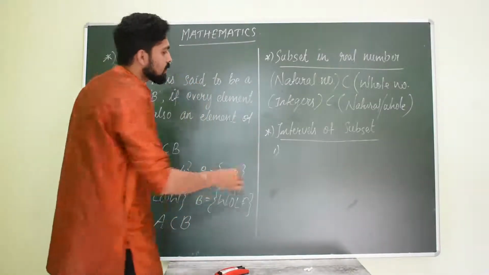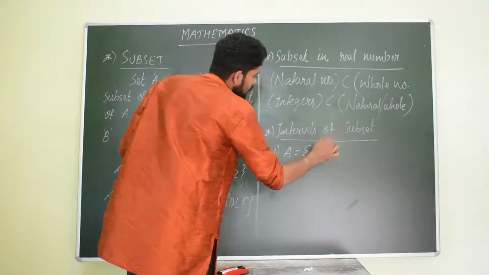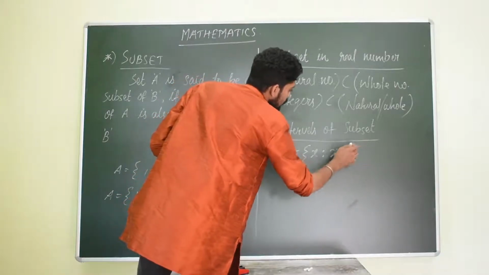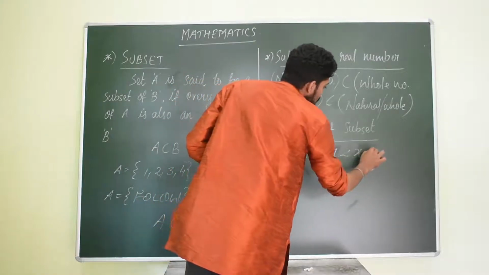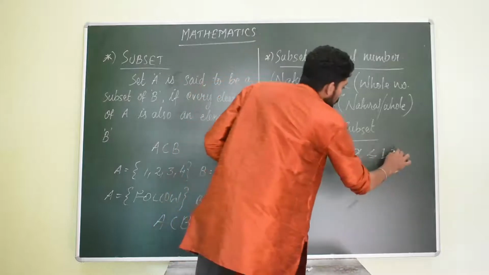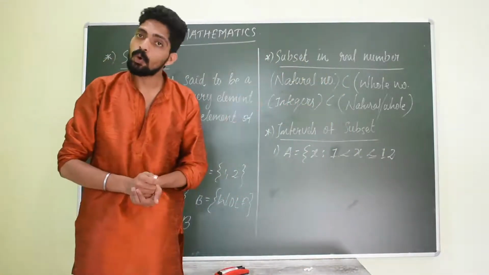Simple example, set A is equal to the set of all x such that 1 greater than x greater than or equal to 12, right?